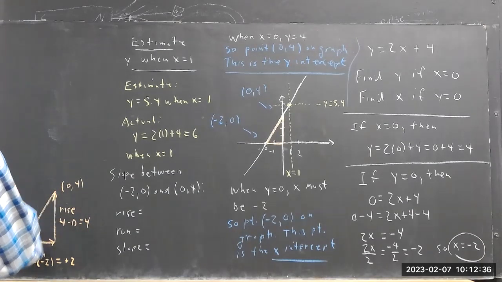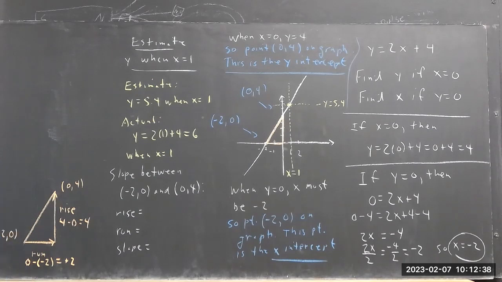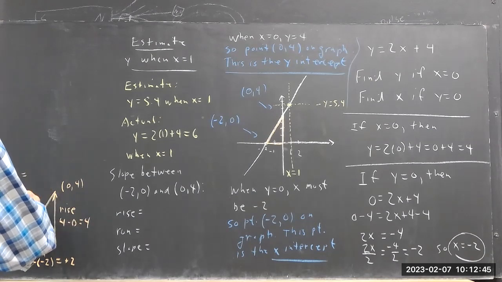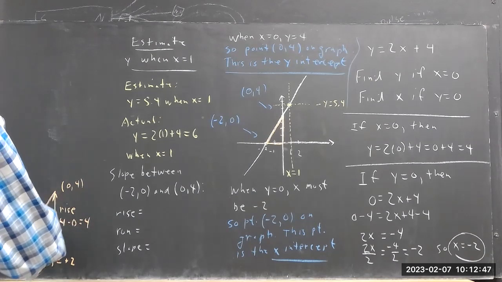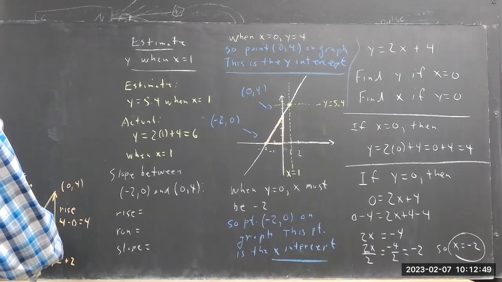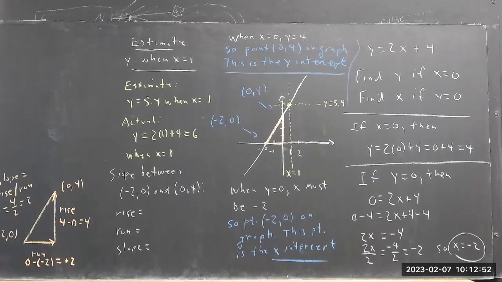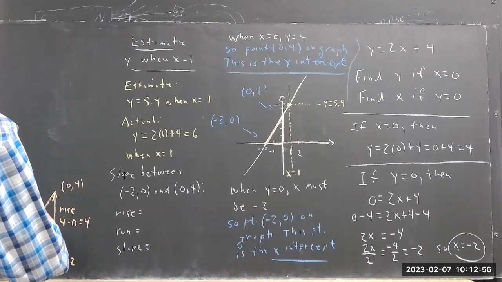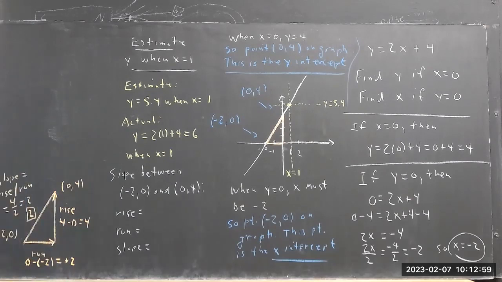So the slope is rise over run, and that's 2. And the convention I use, if you do this in a class other than mine, chances are nobody's going to know what you're talking about. Okay.